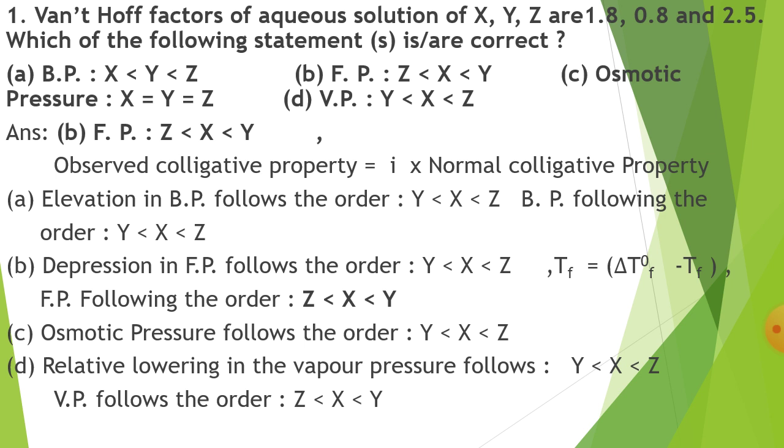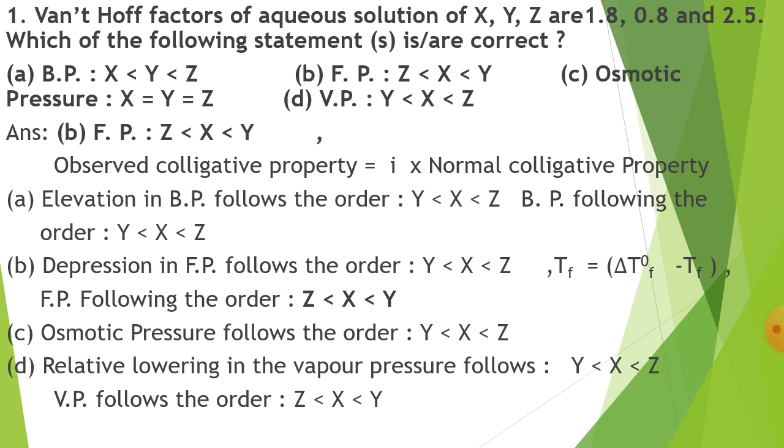In option C, osmotic pressure follows the order Z more than X and then Y, but the question says X equals Y equals Z. As you know, osmotic pressure is also a colligative property, so it depends upon the number of particles. If the number of particles is not the same, the osmotic pressure is also not the same. Option D: relative lowering of vapor pressure, again the same conditions.